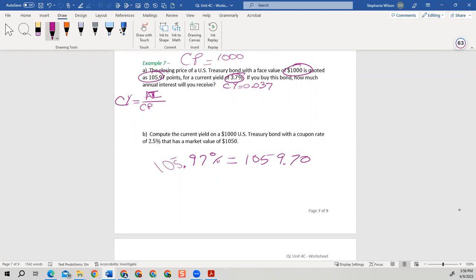So now I have this as my answer as far as the CP goes. And we know in order to take this out of percent, we have to divide by 100 or move the decimal 2 places in that direction. So that means I got 1,000 times 1.0597. I'm hoping this makes better sense about my points. It's a percent of the sales of the bonds.